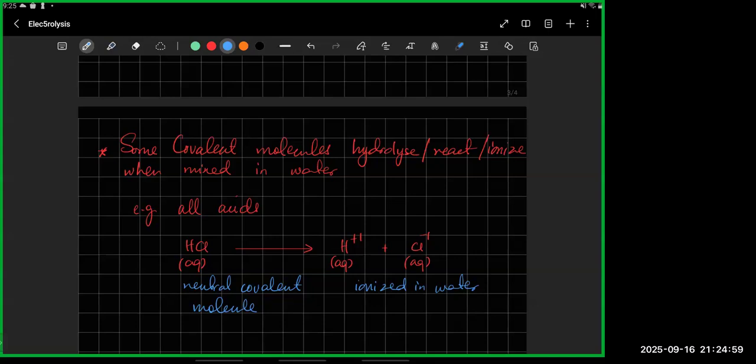And when that happens, they break down and turn into these ions, which will then conduct electricity.